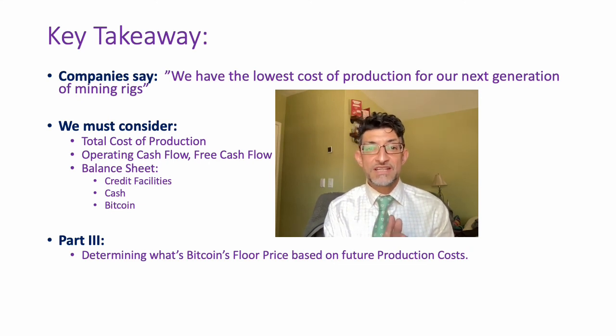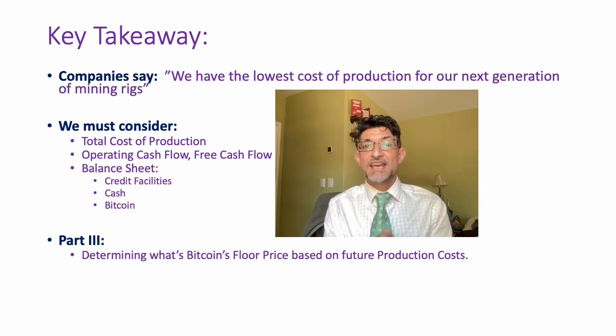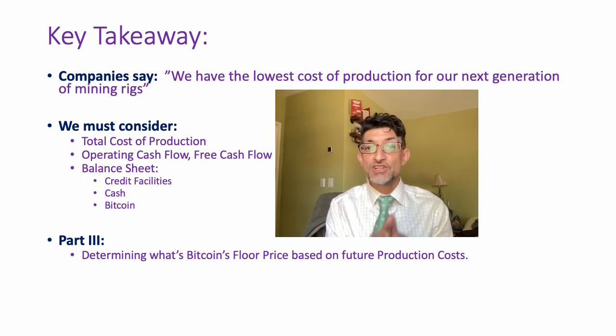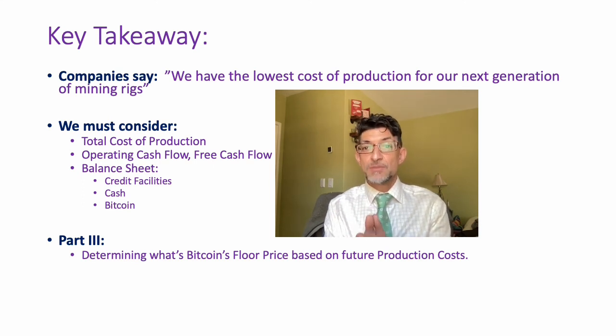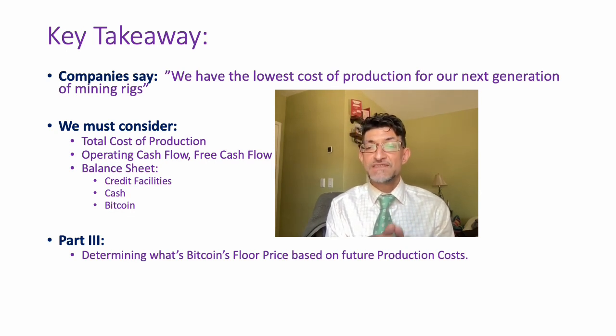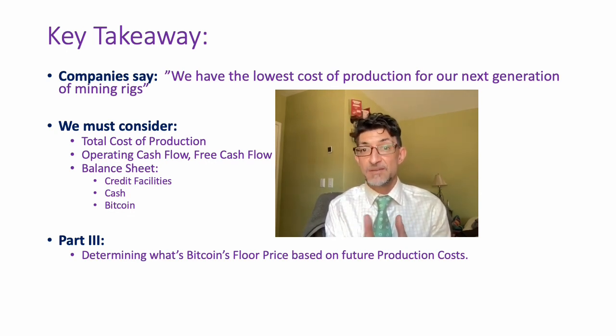So in part 3, we're going to take a closer look at what I just mentioned, and we're going to try and figure out what the future production cost is and what the future price of Bitcoin could be based on these production costs. Because you have to remember, a Bitcoin production cost affects the price of Bitcoin. It's very reflexive. Remember that.